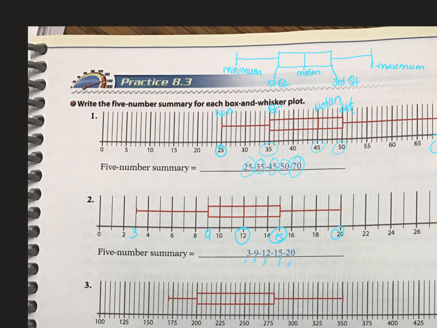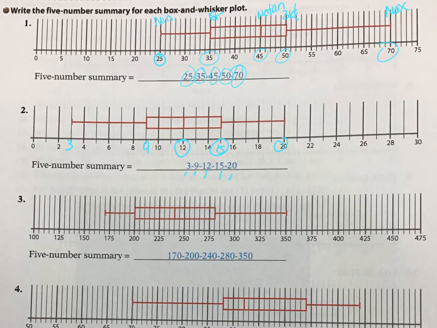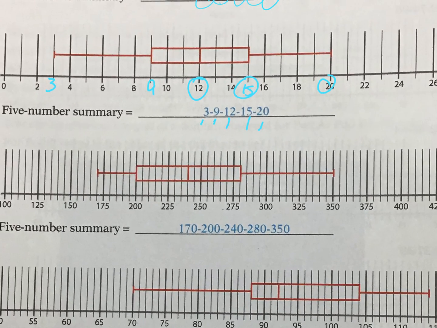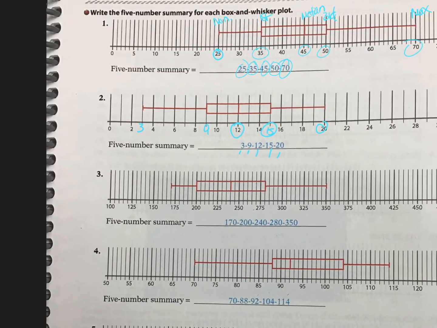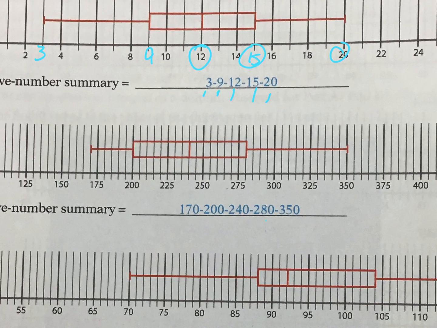All right, you got those numbers? Okay, is this what you got? 170, 200, 240, 280, and 350. Yep. Okay, very good. Now, everybody do number 4, and then we'll go over the answers.